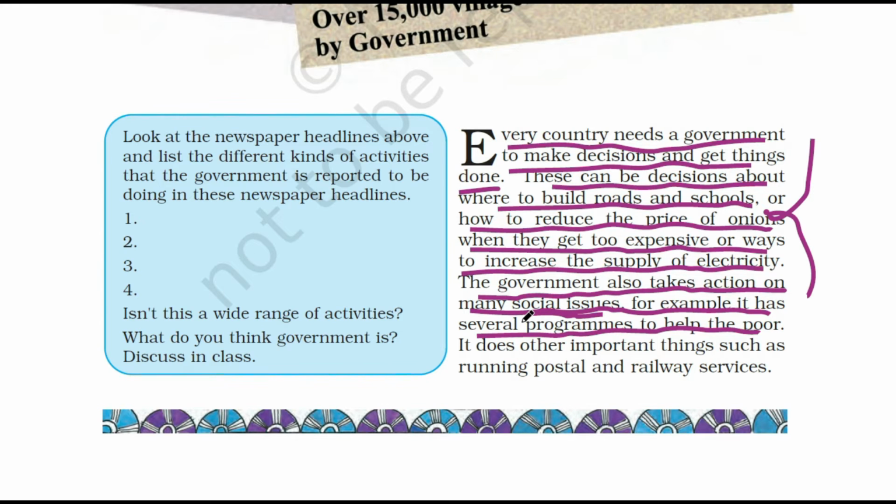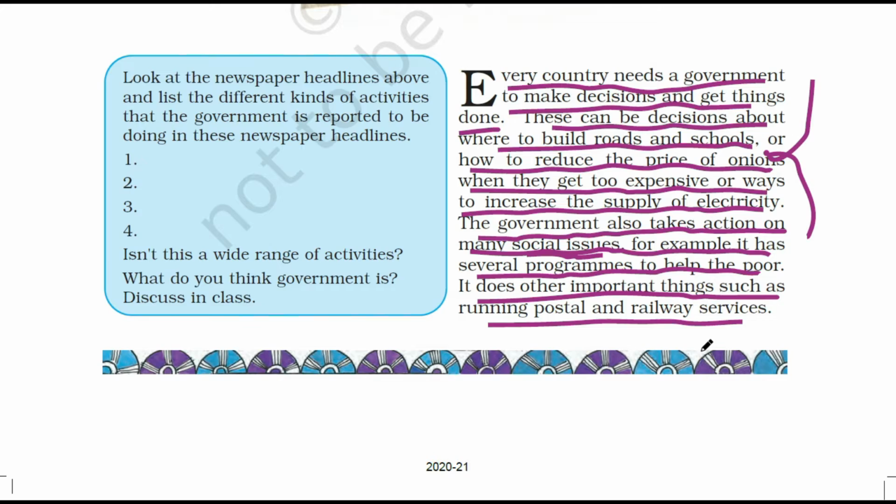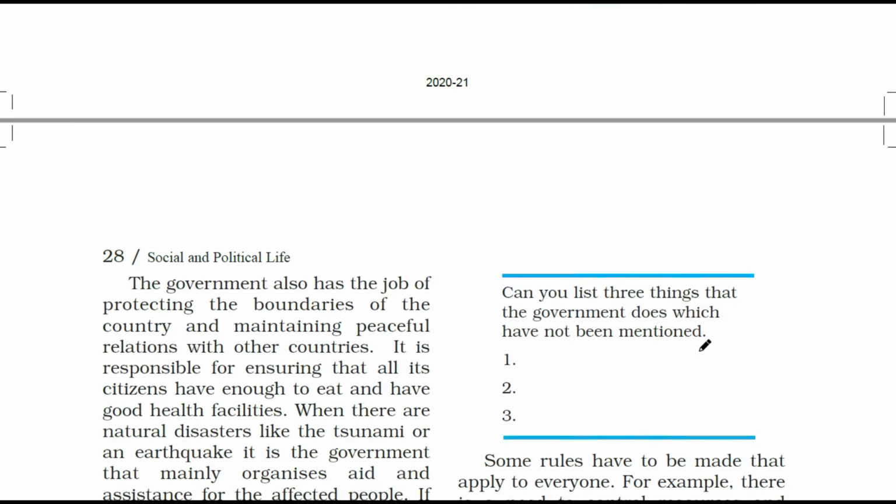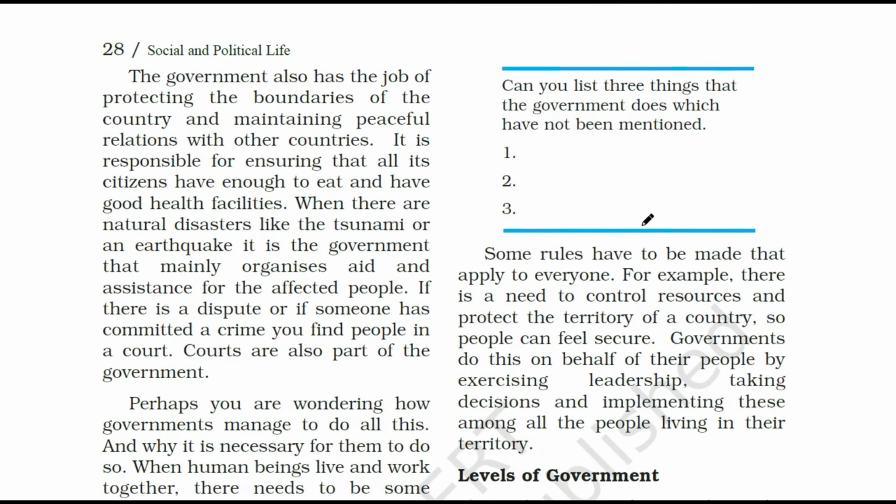For example, it has several programs to help the poor, like it distributes ration, rice, and it gives them education and many other things. So it does other important things such as running postal and railway services. The Indian Railways and the Postal Department are run by Government of India.